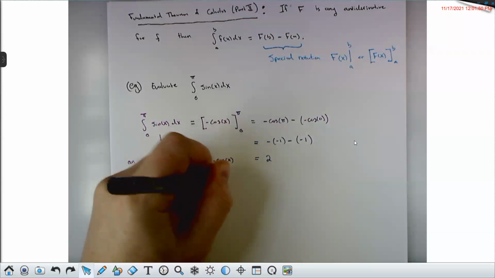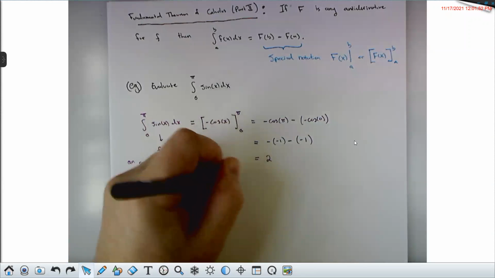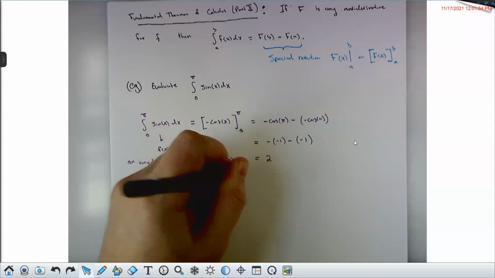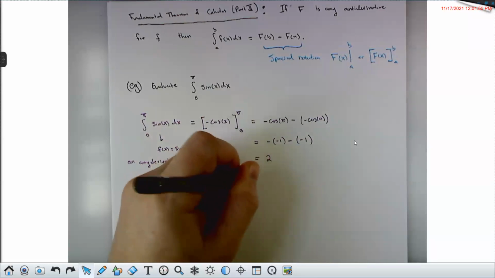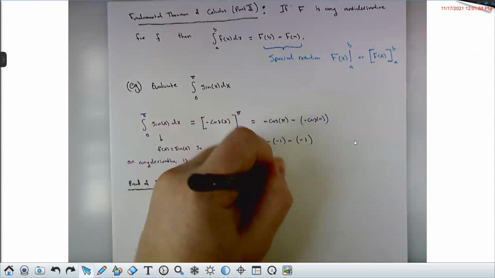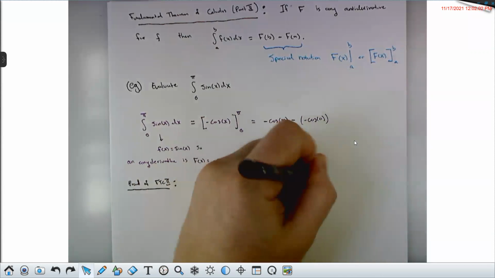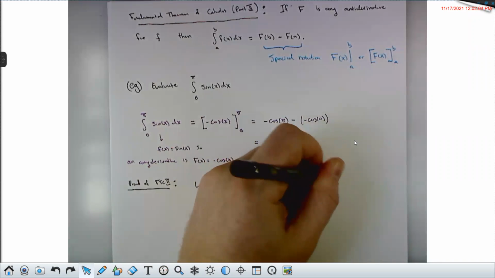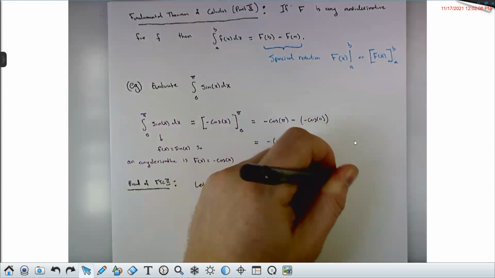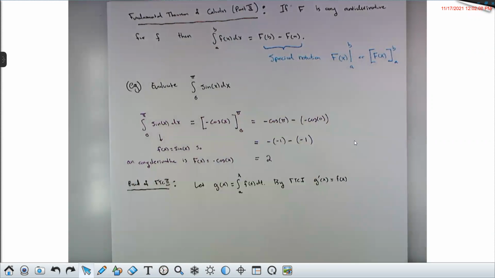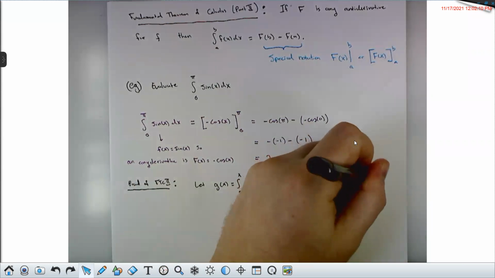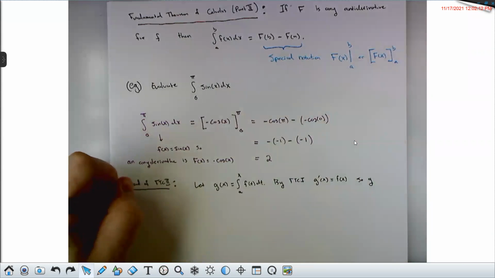Let g of x be the integral from a up to x of little f of t dt. By FTC1, g prime is equal to little f. So g is an antiderivative.